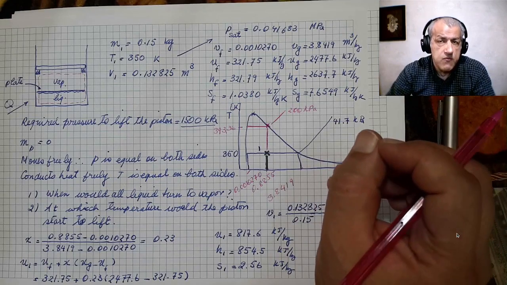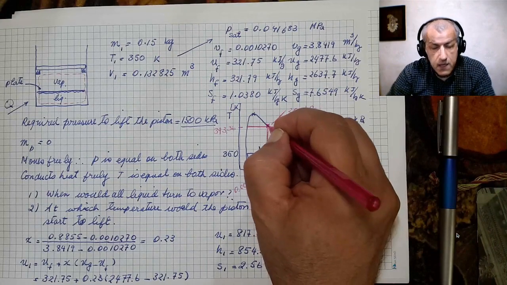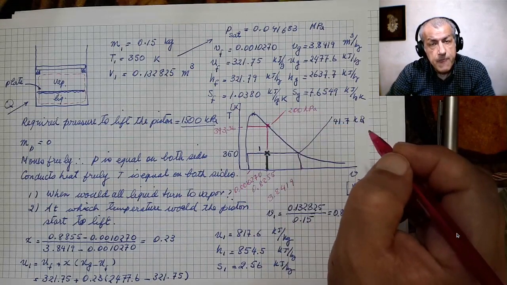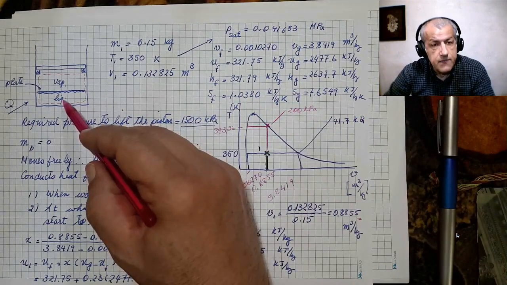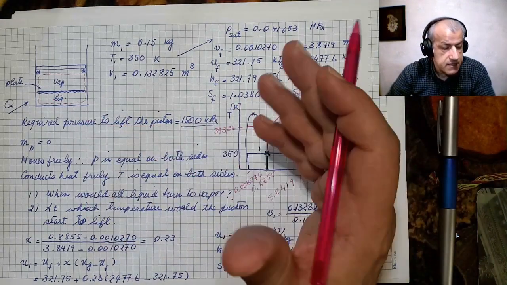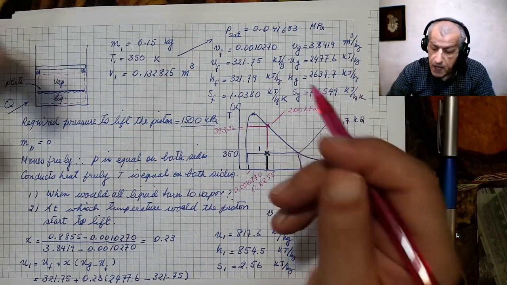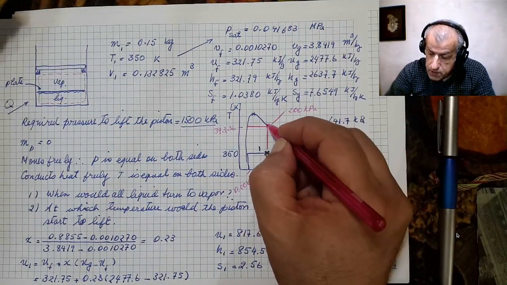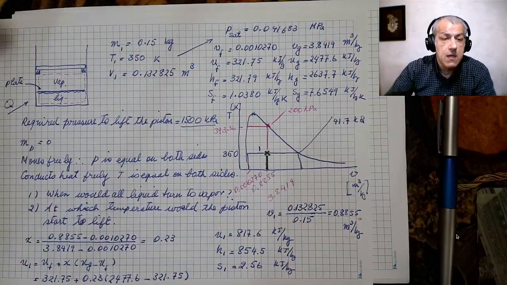Before any movement of the piston, we reach the second point, and that is where all the liquid inside this cylinder has vaporized. So we now have this point here, which we can now see all its properties and all its values.